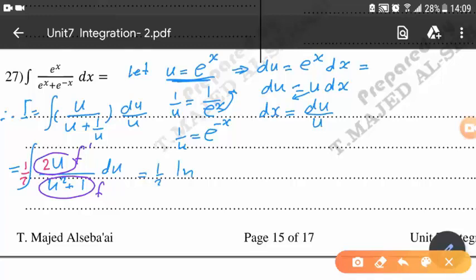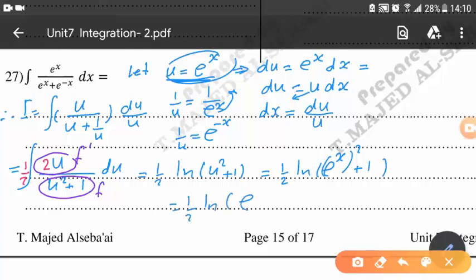It equals half ln f. What is f in this question? It's not x squared, it is u squared plus 1. Now substitute u again, which is e to the power of x. So it equals half ln of e to the power of x all squared, plus 1, equals half ln of e to the power of 2x plus 1.